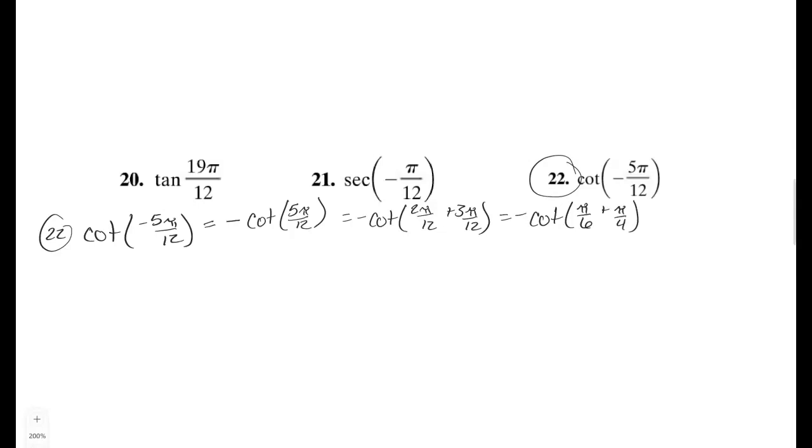And once again, if you're not really sure where to start, write this in degrees. 5 pi over 12 multiplied by 180 over pi. And that's 75 degrees. And we can use 30 degrees plus 45 degrees to get us to 75.